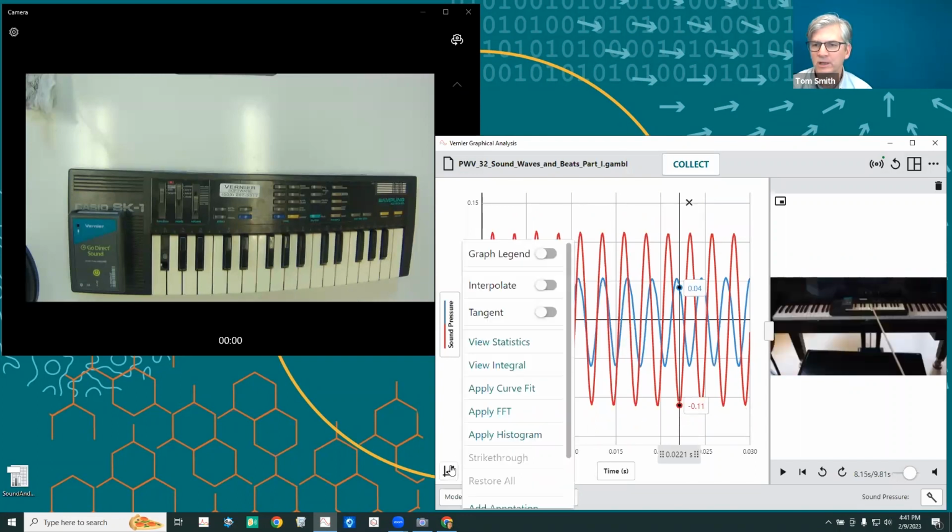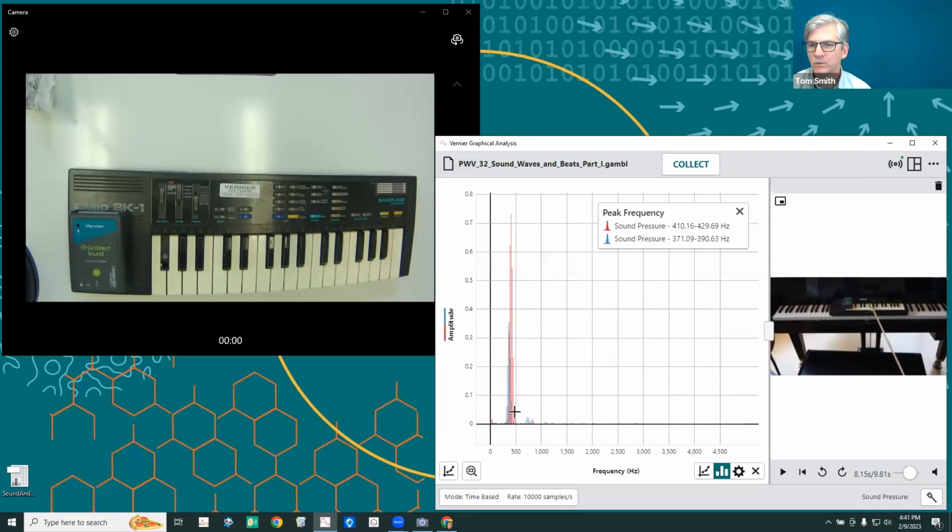And here, if I apply the FFT, we can see that we get the peaks for those two waveforms at 410 hertz and 371 hertz. We can see that peak FFT right there. And it's an opportunity to talk about frequency-based evaluation versus a time-based evaluation of that data, and just give students some exposure to that idea.